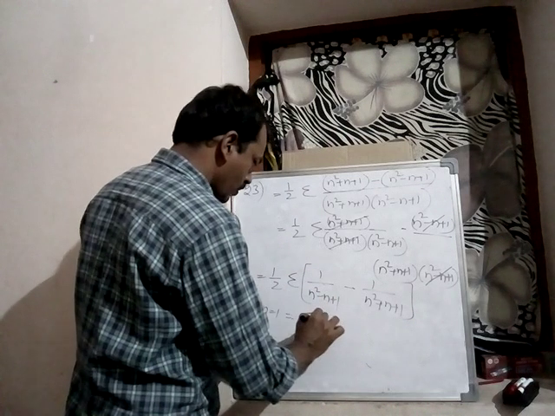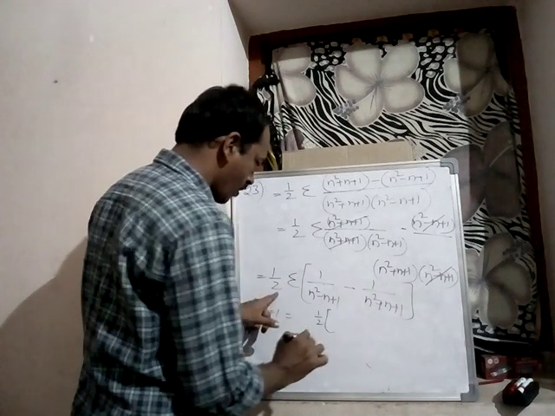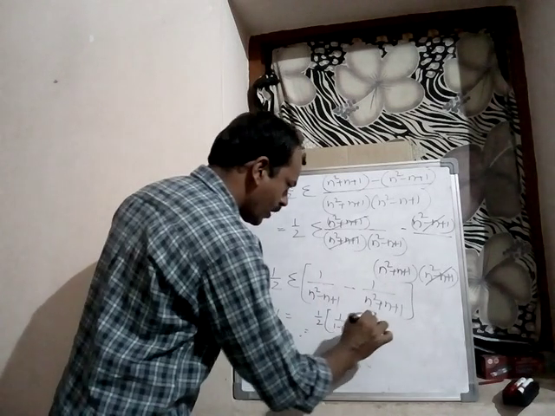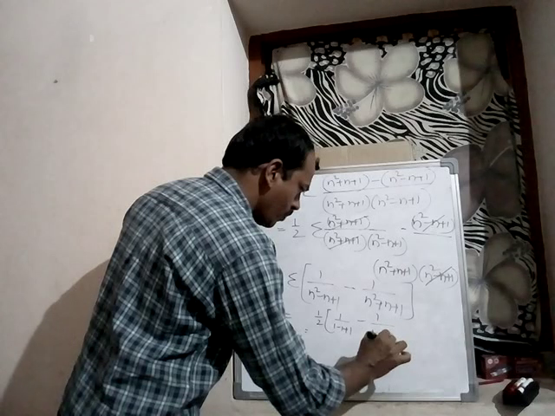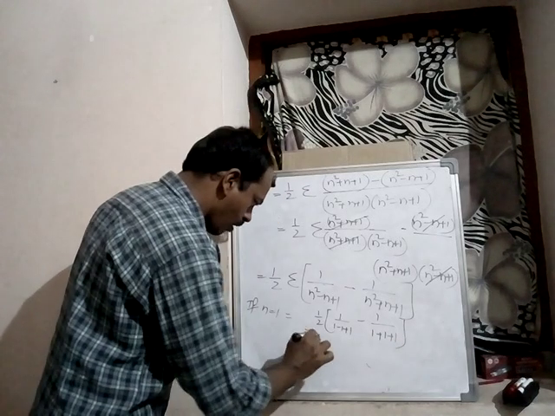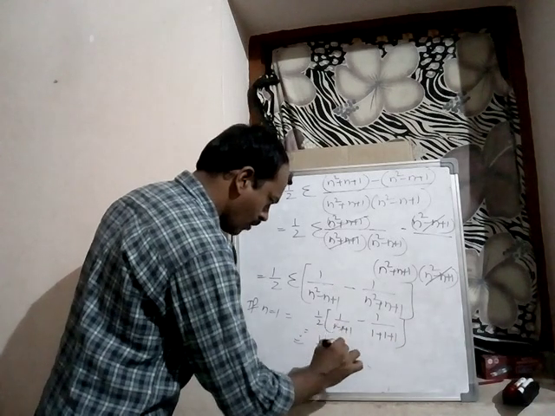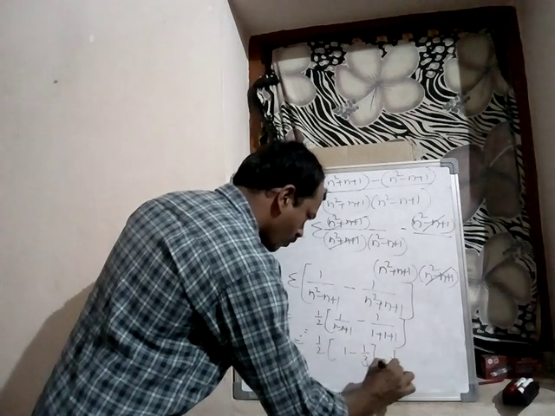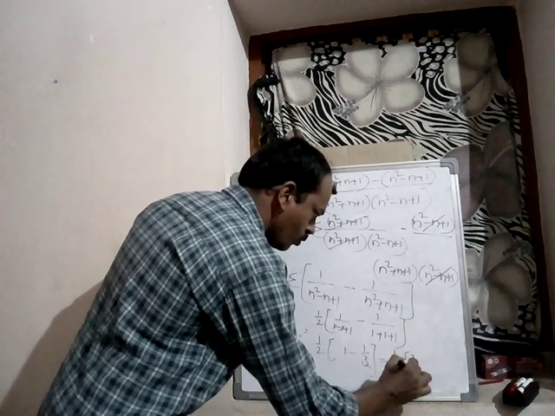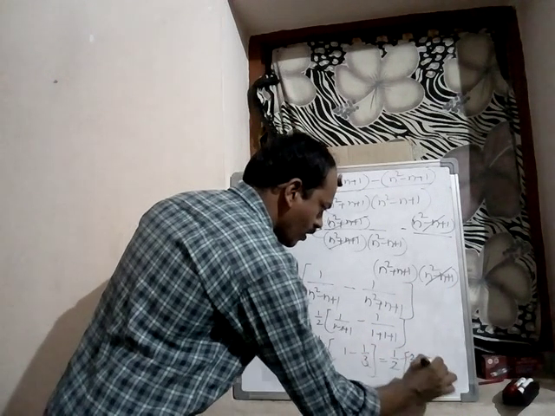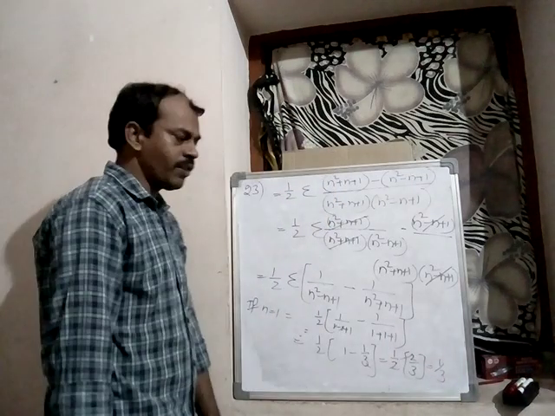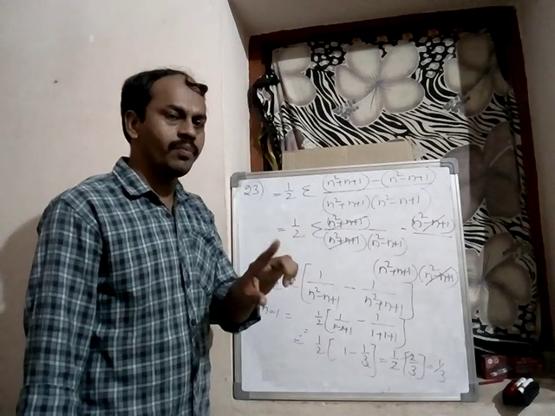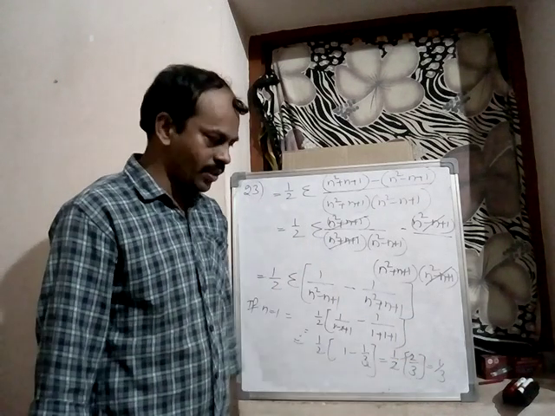So half into 1 minus 1 by 3, which is 1 by 2 into 2 by 3. So we get 1 by 3. Now check your given problem: the first term is 1 by (1 + 1² + 1⁴), which is 1 by 3 only. So we get 1 by 3 as the first term.